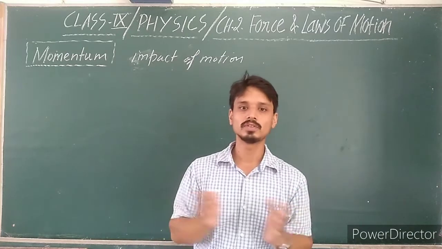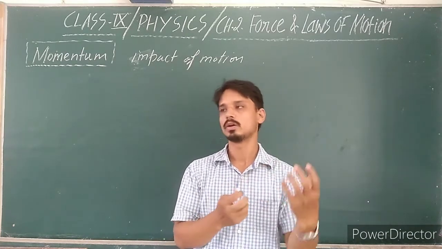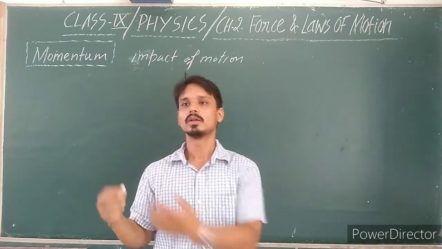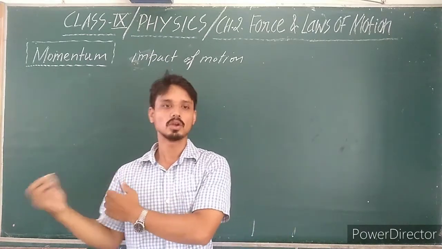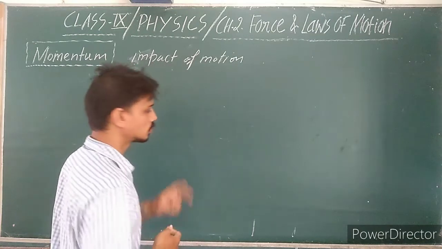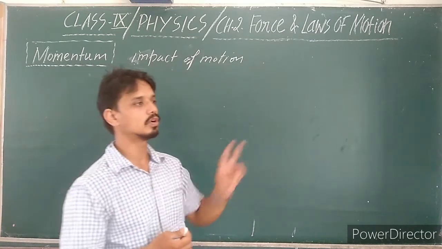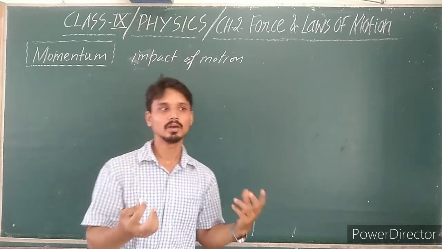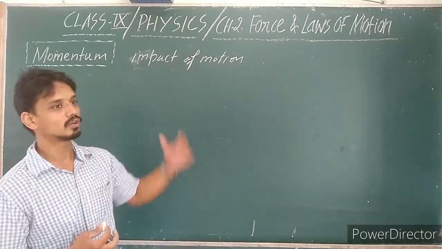So guys, we can observe that the higher velocity object creates more effect of motion than the lower velocity object. So guys, these two quantities, mass and velocity, are a major part of the effect of motion.